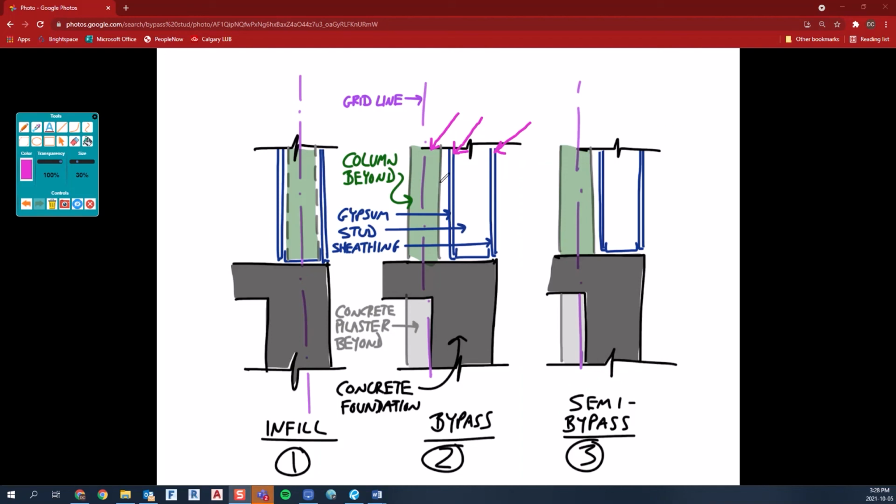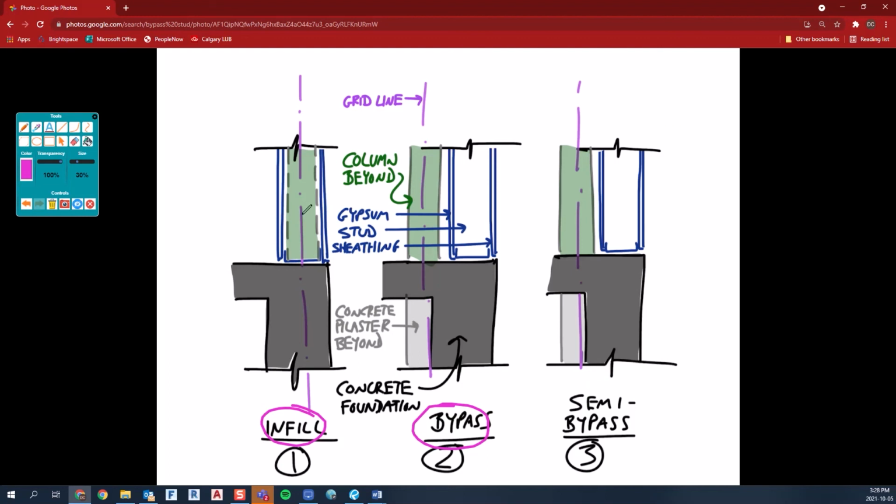But one thing that should become apparent here, looking at the infill and the bypass, is the location of obviously the foundation wall. So if the column needs to sit on a foundation, right? And as does the stud, ideally. I mean, it could be on a shelf angle or something, I suppose, but ideally it's sitting on a foundation.